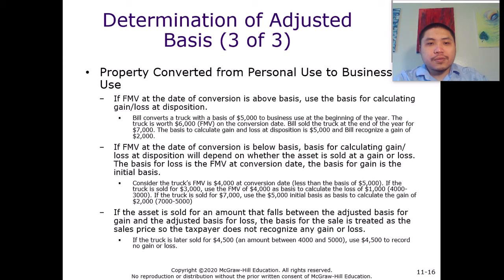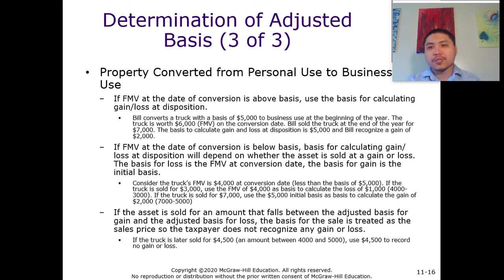So this third case is where it's going to get a little bit more complicated, and it's kind of similar to the first case, the gift case that we talked about. When the taxpayer converts personal property to business property, and let me correct myself, it's not personal property, it's personal use property to business use property.